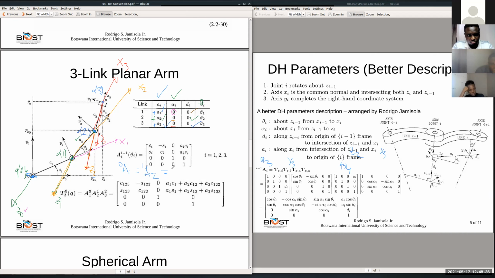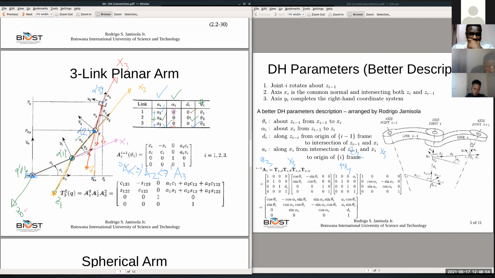Equal meaning, it's not really equivalent, but equivalent based on this. They are using the same transformation matrix. The only difference is the indices.